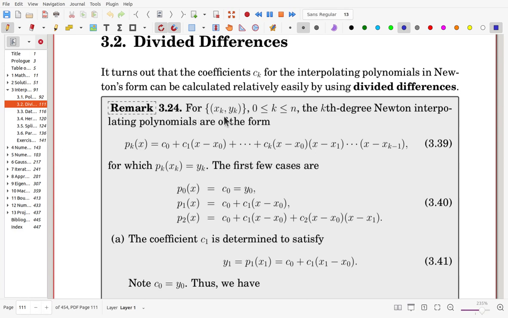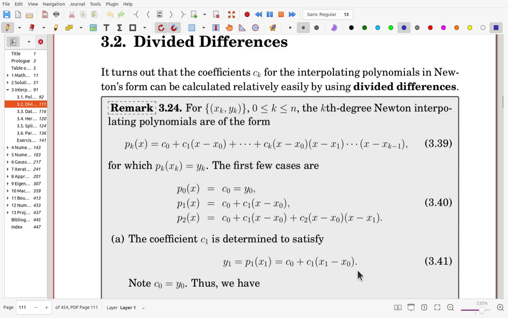For given data points xk, yk, with k moving from 0 to n, the degree-n Newton interpolating polynomials are of the form shown. The first few cases are here: p0, p1, p2. c0 must be y0, and c1 can be determined to satisfy p1(x1) equals y1.